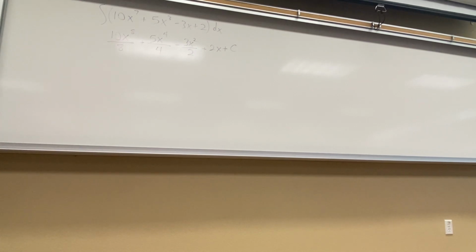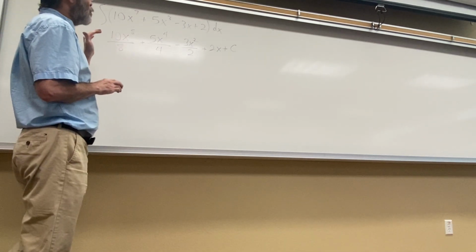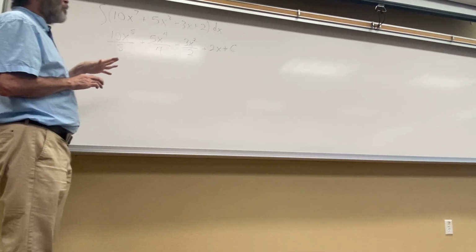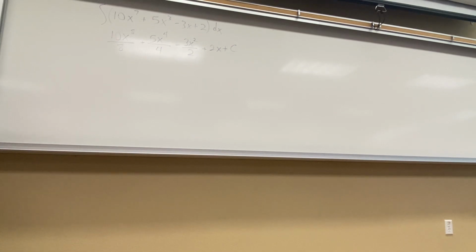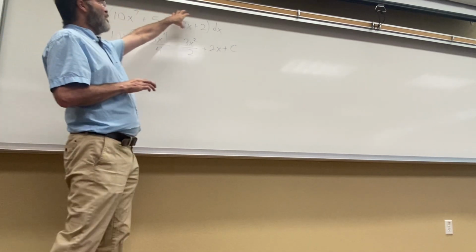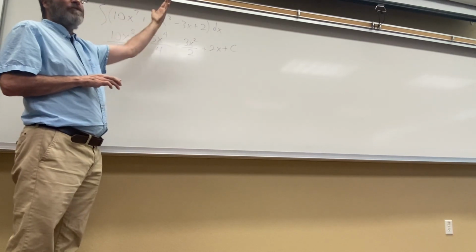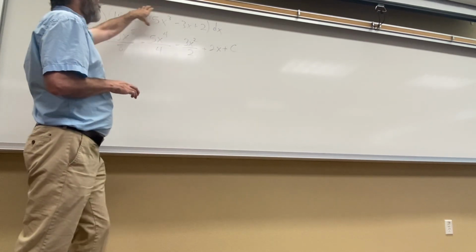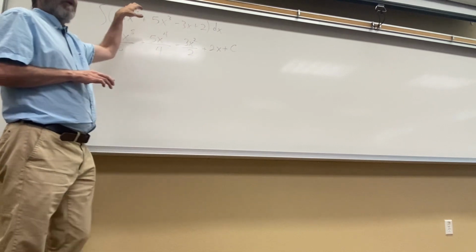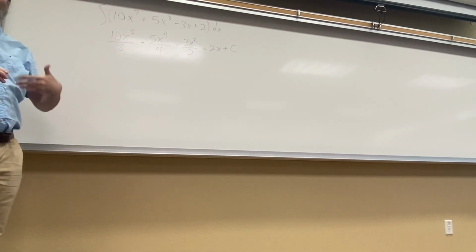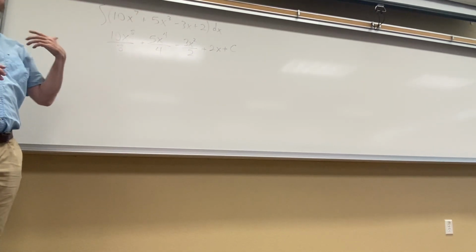Okay. Any questions about this? Okay. So then we saw at the very end, if we were given information about the derivative, this original function up here. Whenever we do antiderivatives, what's inside here is always some sort of rate, like velocity or gallons per minute.